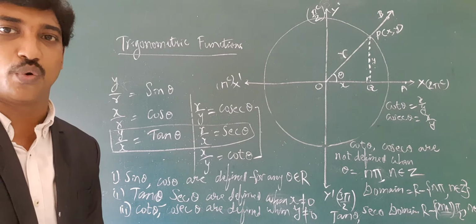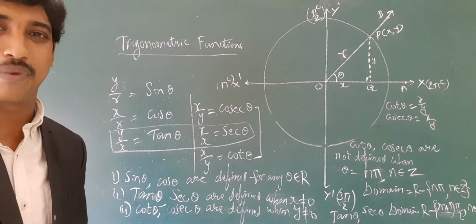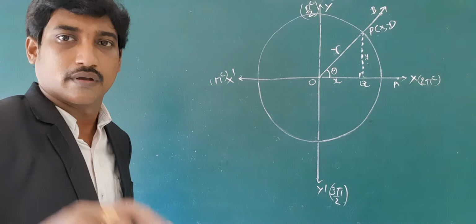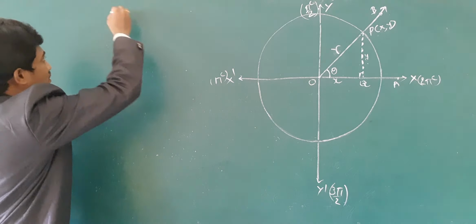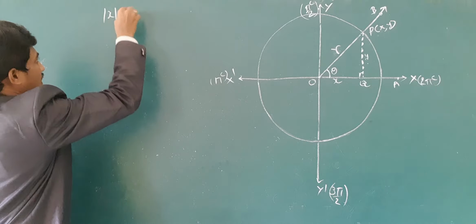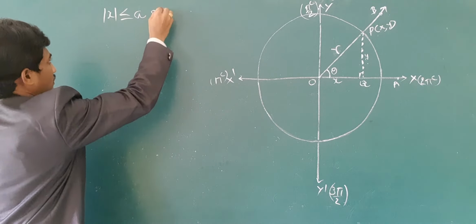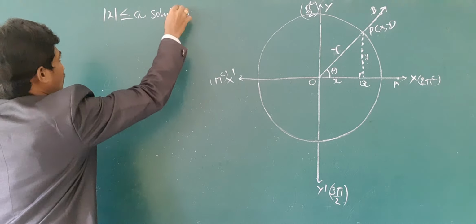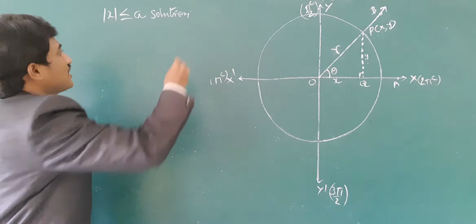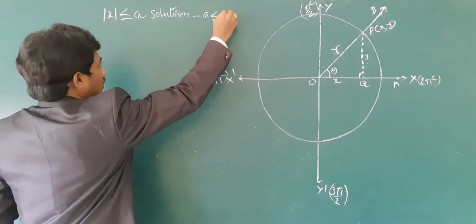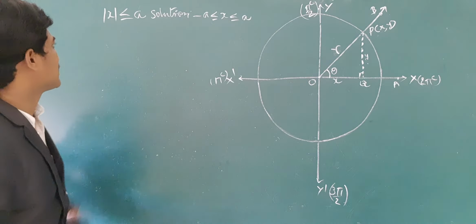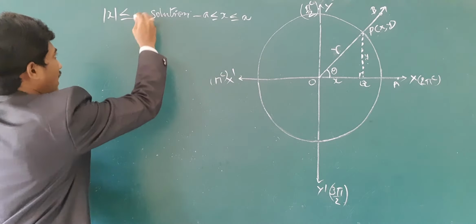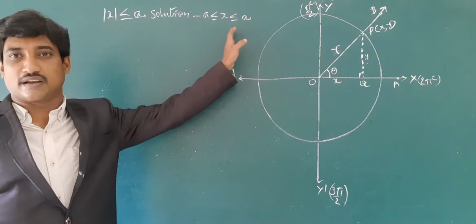Now let us know the range of these trigonometric functions. In real numbers we know the modulus definitions. Modulus x less than or equal to a has the solution minus a less than or equal to x less than or equal to a.